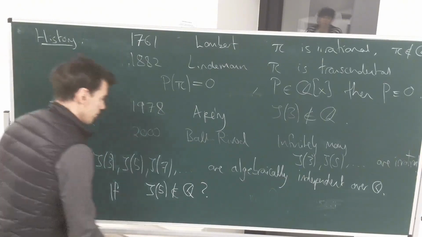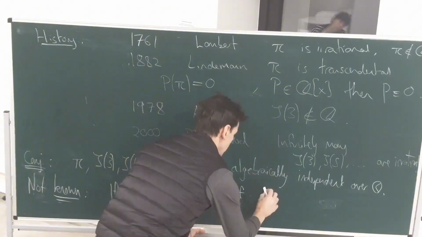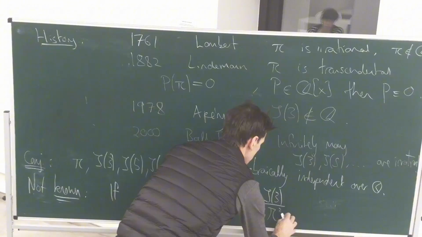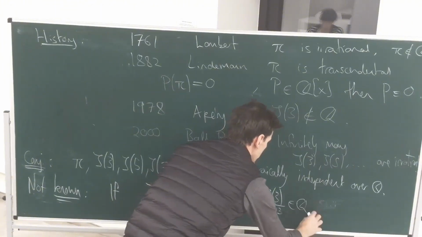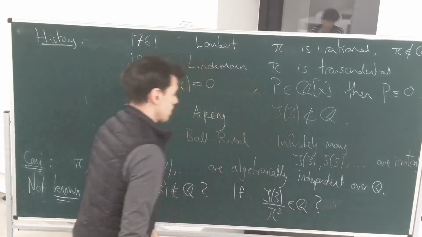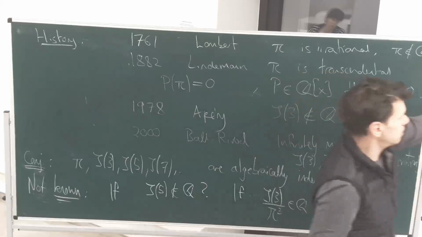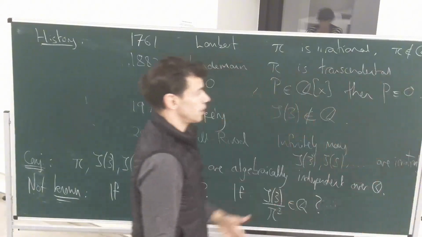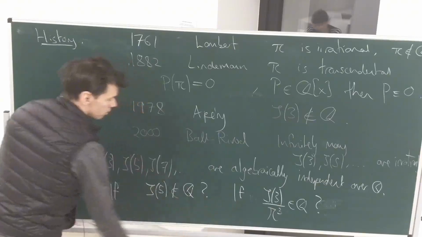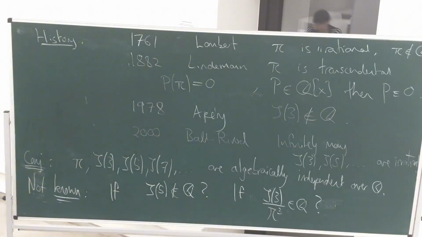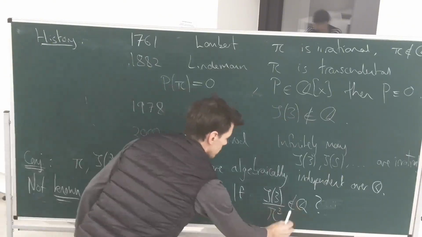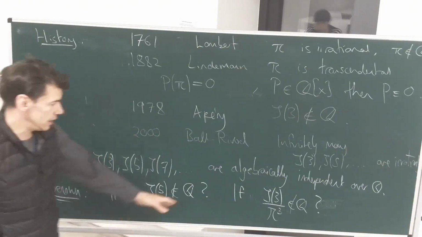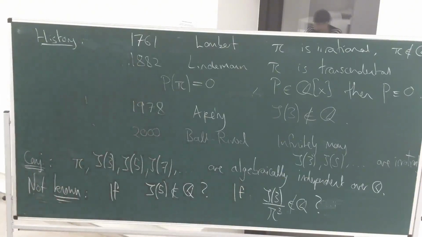And it is not known if zeta 3 over pi cubed is in Q. So this is what you'd expect. You'd expect that zeta 3 is proportional to pi cubed times a rational number. Even this is not known. And we expect it not to be in Q. Even this, there's no reasonable technique yet for proving such a thing.